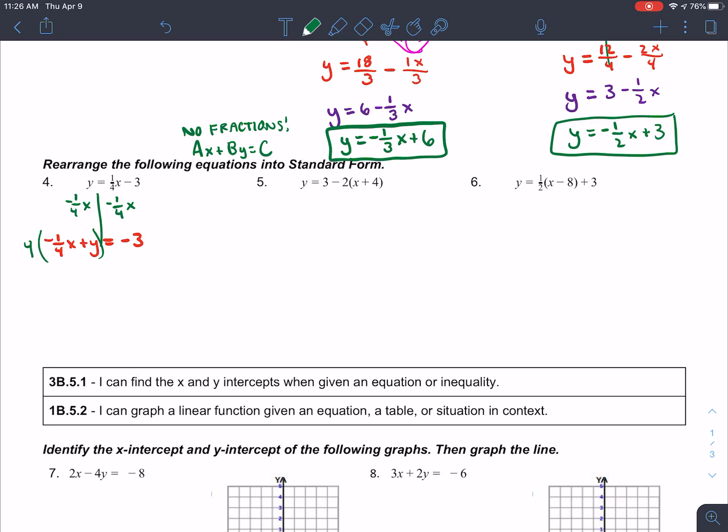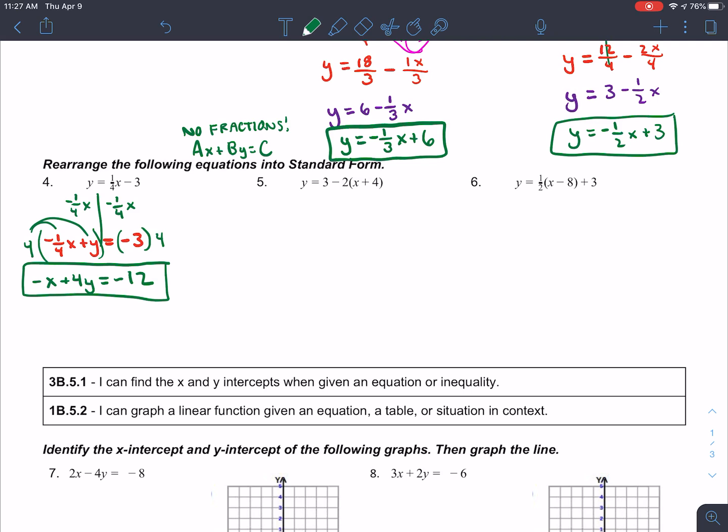Please remember, if you do something to one side of an equation, you have to do it to the other. So, well, 4 times negative 1/4 is just negative 1x. 4 times y is 4y. And that equals negative 12. And now I'm done.